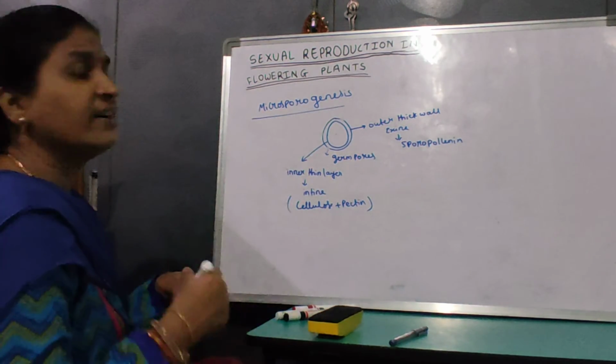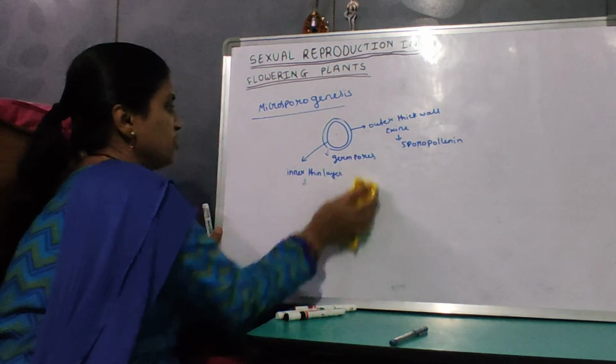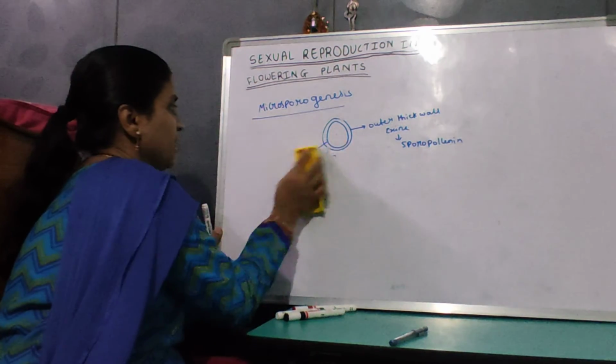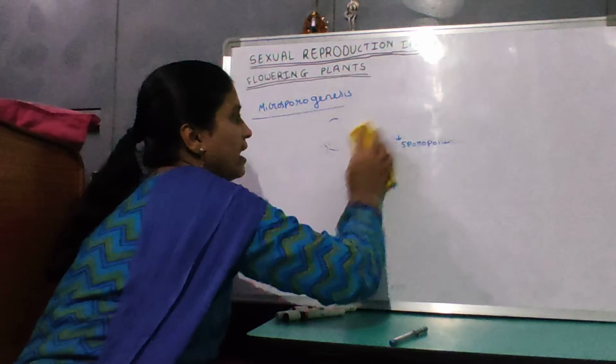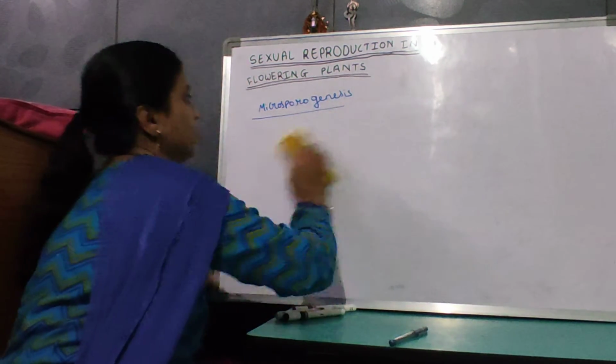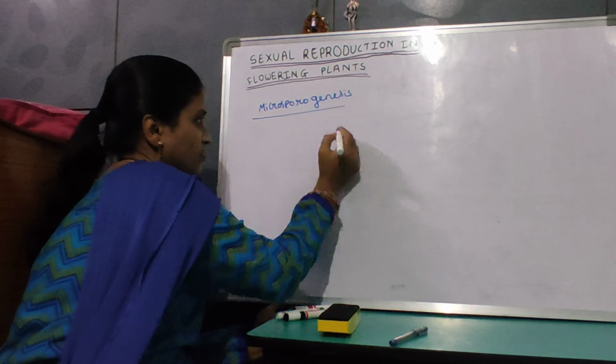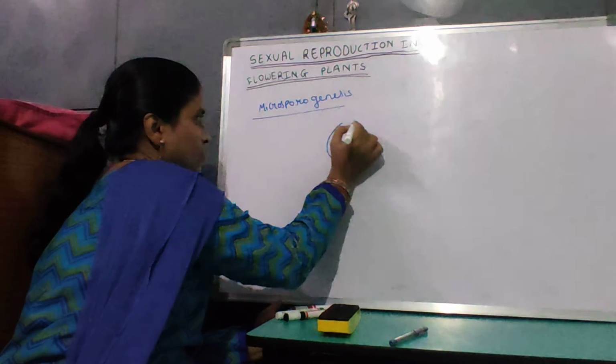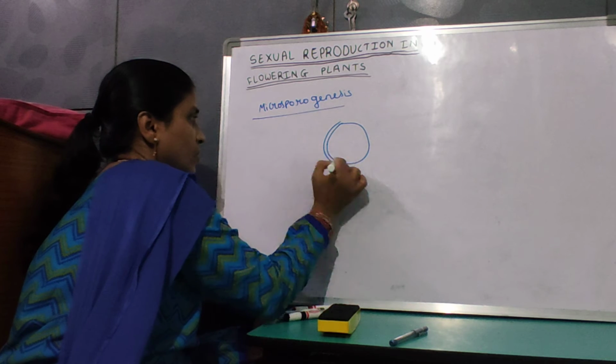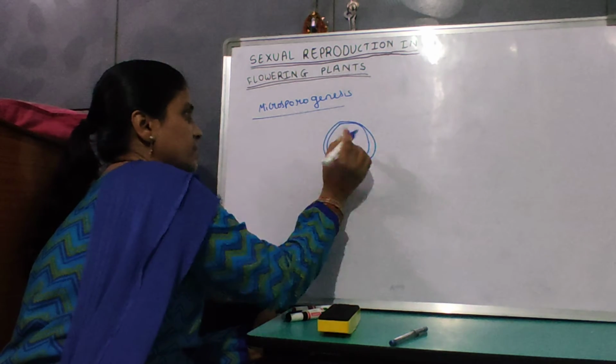Then when this particular pollen grain gets matured, it develops. What happens? It will be having two cells. Okay.